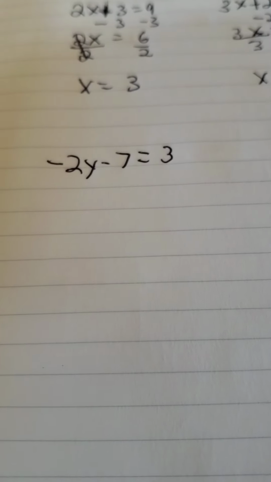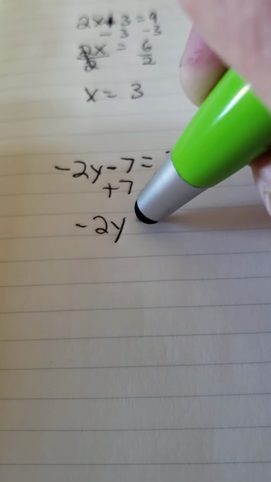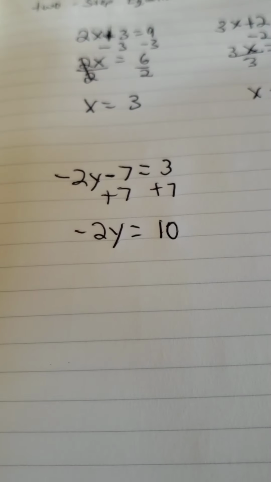So let's do negative 2y minus 7 equals 3. Same thing. We want to isolate the y. So how do we do that? We are going to do the inverse of minus 7, so that's plus 7 on both sides. That's negative 2y equals 10.